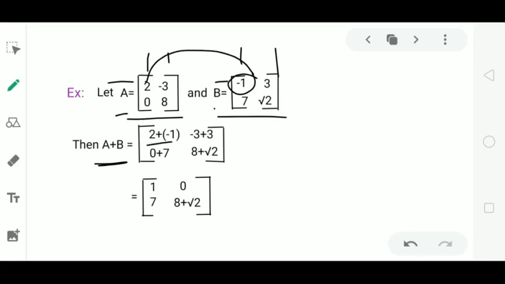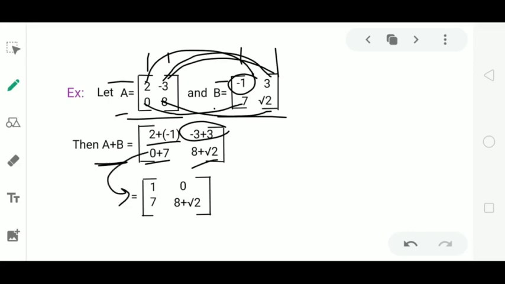That is 2 plus of minus 1. Minus 3 is added to plus 3. We are adding the elements lying in second position of the given matrices. Next, 0 is added to 7. 8 is added to root 2.